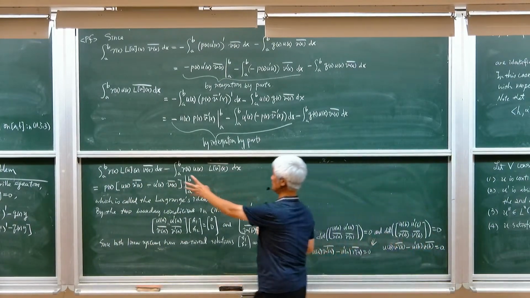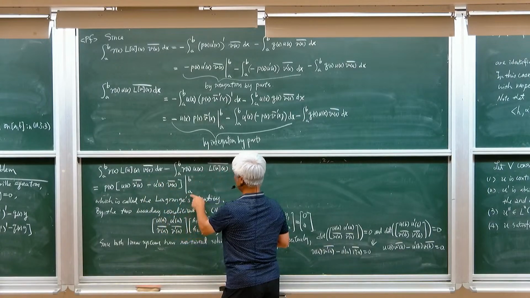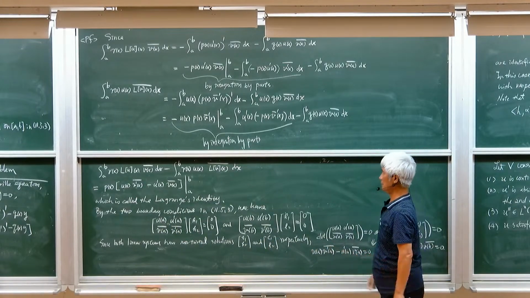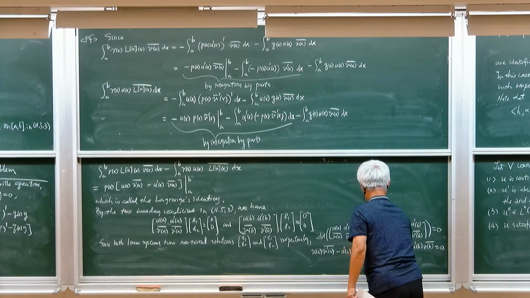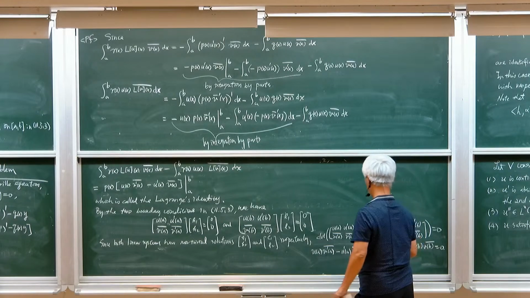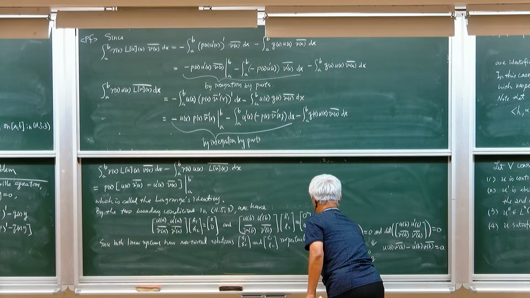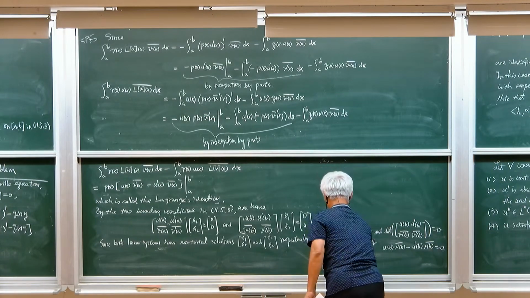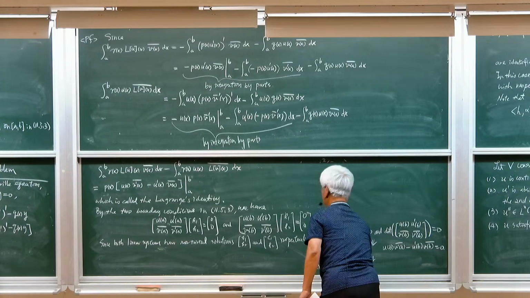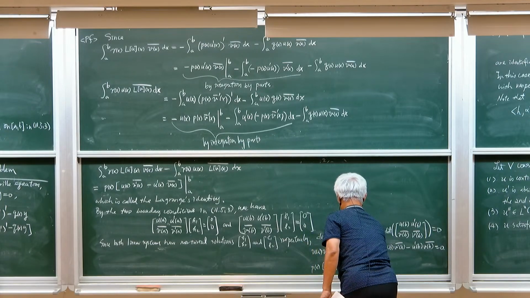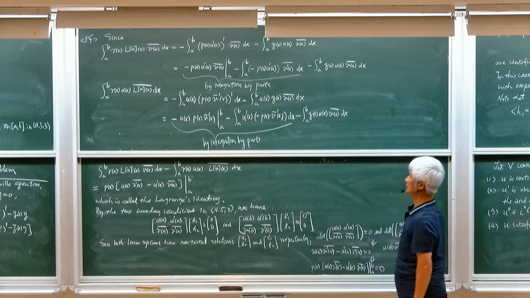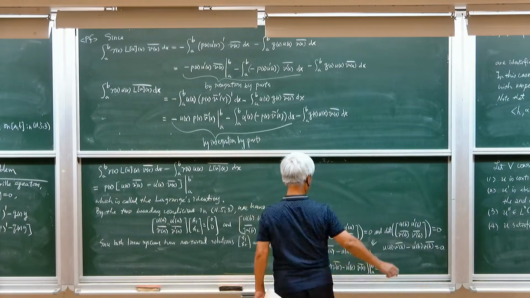Okay? And when we substitute a here, okay, we got this is 0. Okay? So this implies that p(x) times u(x) v̄ prime(x) minus u prime(x) v̄(x) from a to b must be equal to 0 here. Okay, so this is 0.